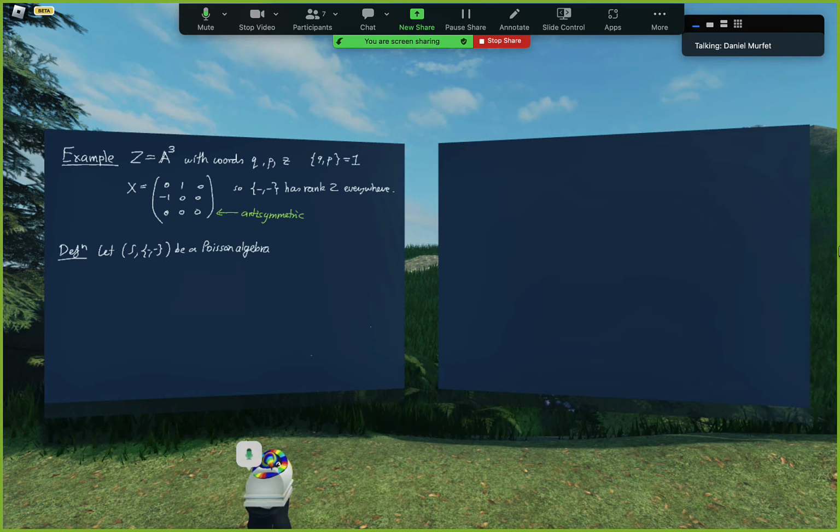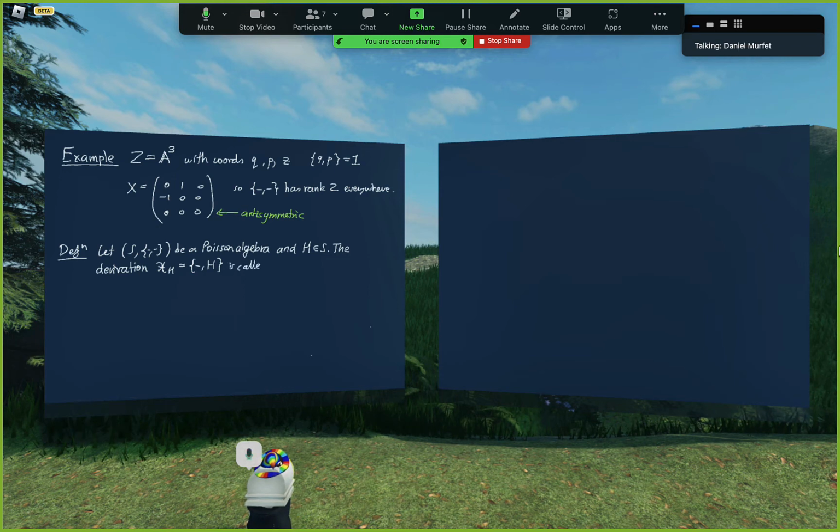So given a Poisson structure and an element H, the derivation, which I'll in a moment explain the precise connection between this and a vector field, but for now it's just a derivation.